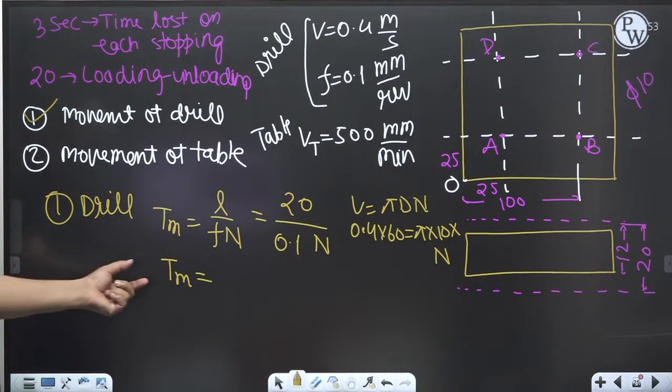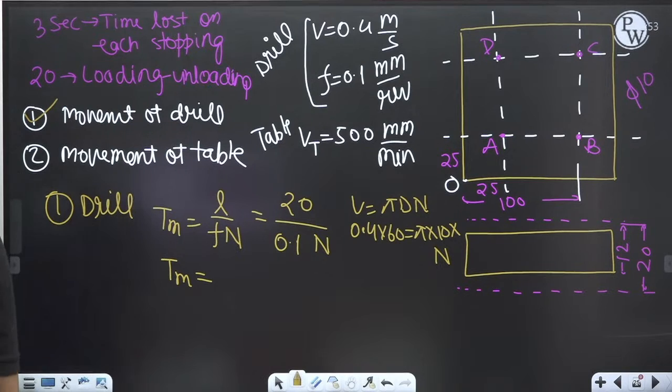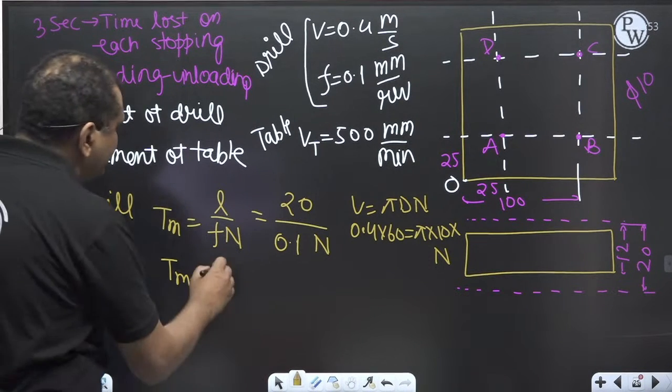This is the time required to make one hole. Time required to make one through hole. All right. How much is it coming? My answer comes out to be 0.262 minute.